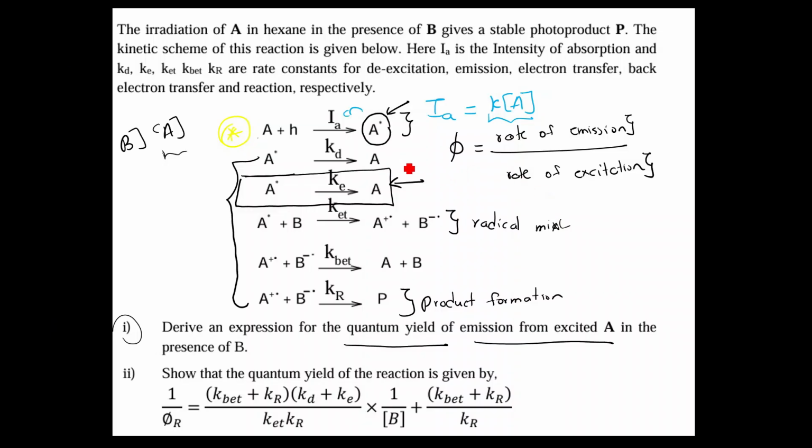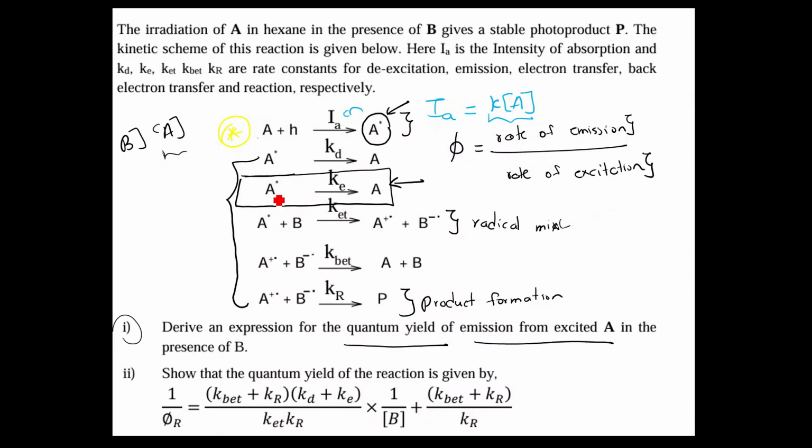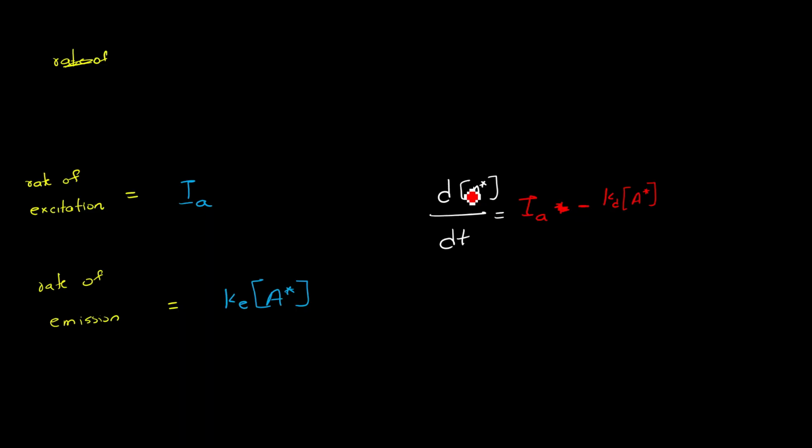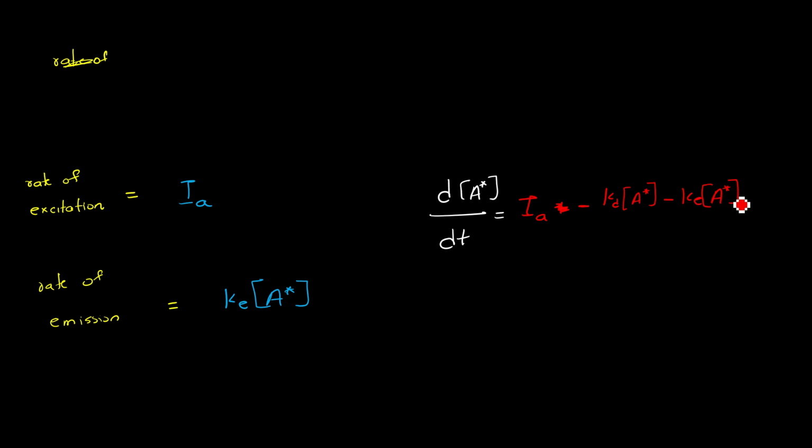In the second step, A star is diminishing, so it's a negative KD A star. Let's look at the next, another diminishing step, which means a negative KE A star. And the next one is also another diminishing step, you can see A star is reducing. So you need to add a negative KET.